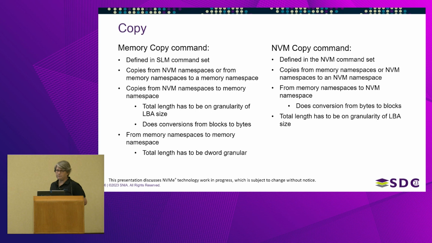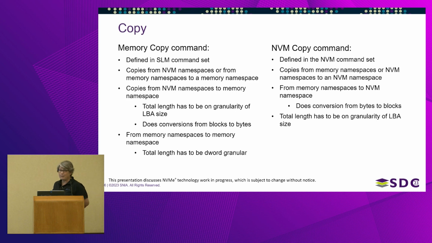I mentioned copy. There are 2 types of copy in NVMe right now. The memory copy command is the new one for the SLM command set to copy memory. And then there's the NVM copy command that was introduced in the last few months and is defined in the NVM command set, and it is for copies where the destination is an NVM namespace.